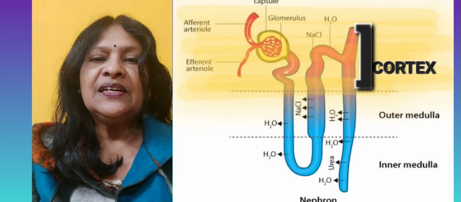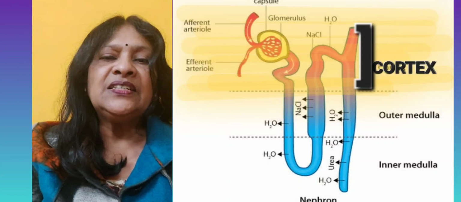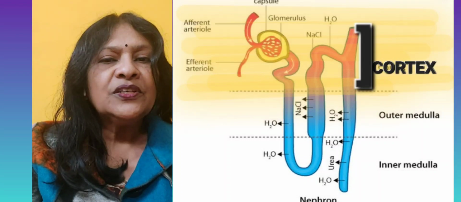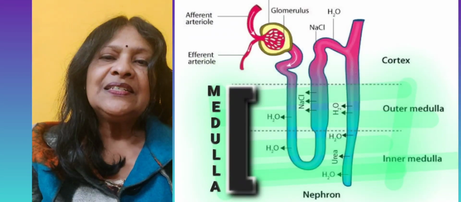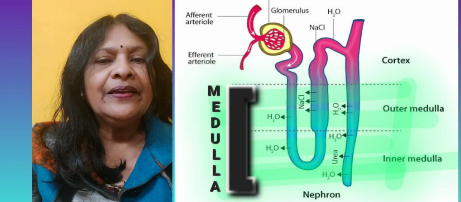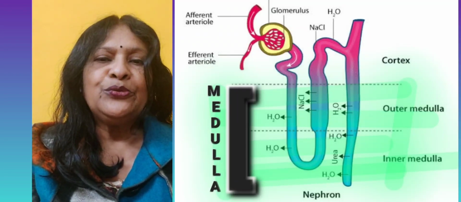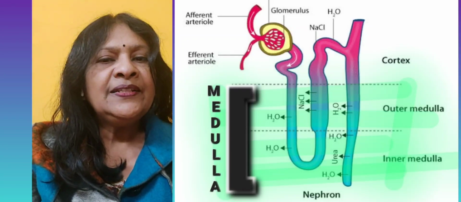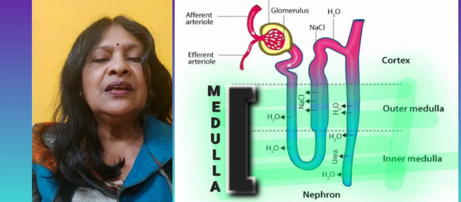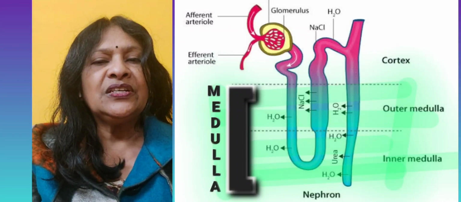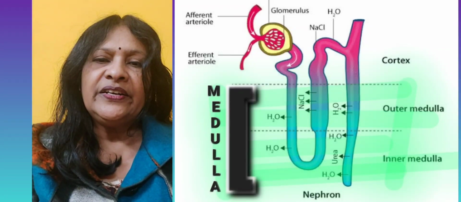PCT for the proximal convoluted tubule and DCT for the distal convoluted tubule. Then what are we left with? We are just left with the thinner parts, that is the loop of Henle, and then we have a tubular part which is called the collecting duct. Only these two structures are seated in the medullary region, which is the innermost part of the kidney.